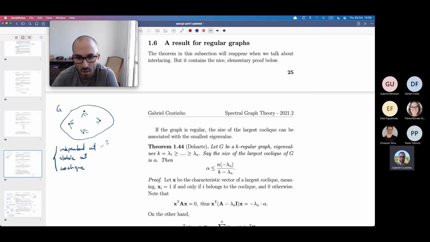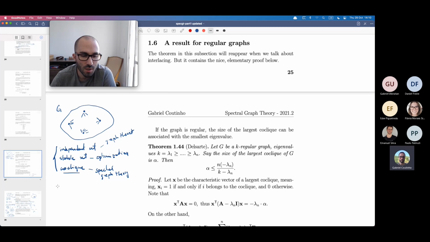Typically, graph theorists will use this one, people that work with really pure graph theory. This is typically coming from the optimization people, and this is typically for spectral graph theory people. So, of course, I prefer to use co-clique.